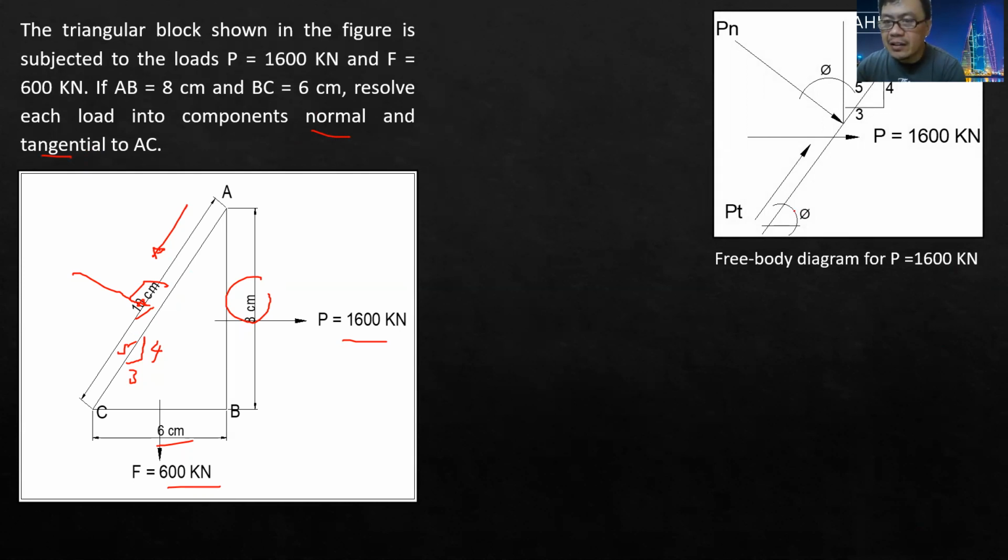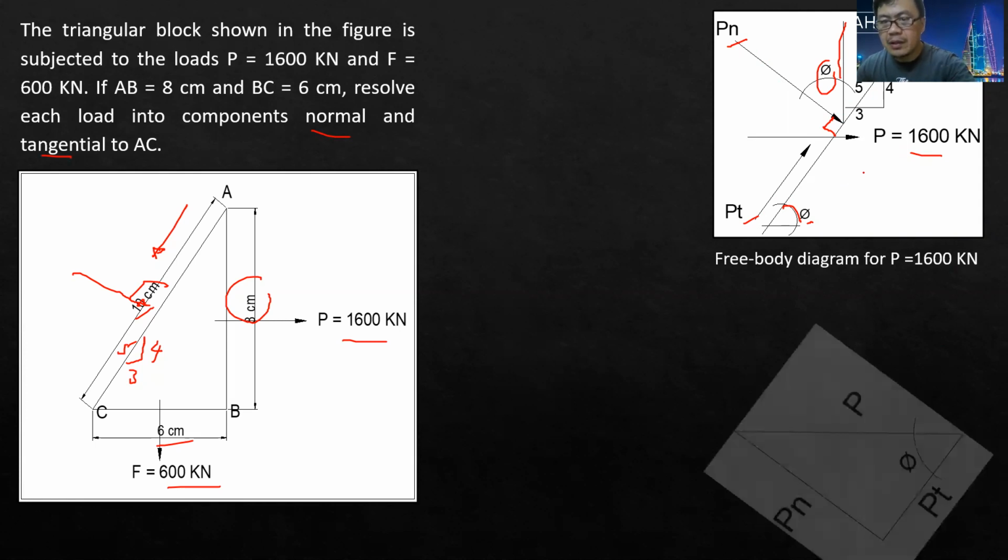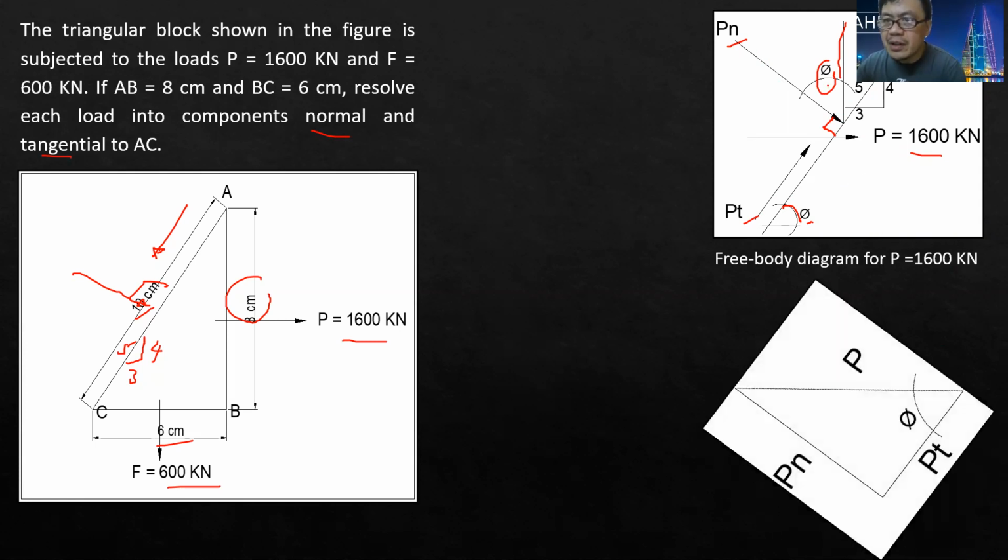If this is theta, it is automatically that the normal axis is normal to this plane. This line normal to the plane is also theta to that vertical plane. So this is Pn, and this one is Pt. Now let us compute the normal component of P, and then the tangential component of P. If this is theta, this is also theta.